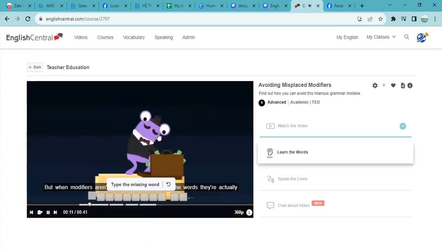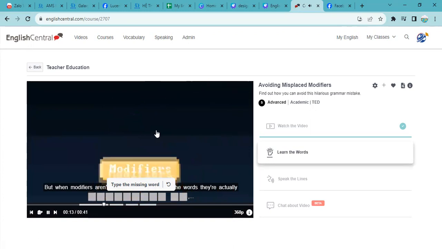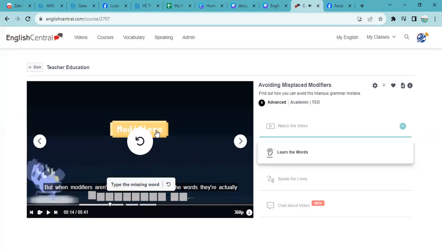But when modifiers aren't linked clearly enough to the words they're actually referring to, referring to. What is it? Referring to.